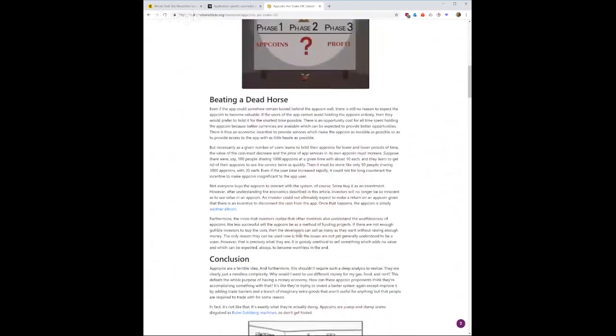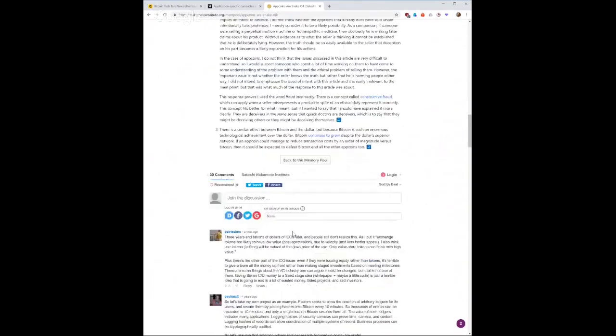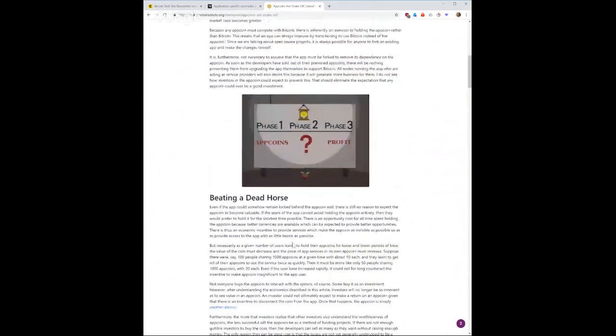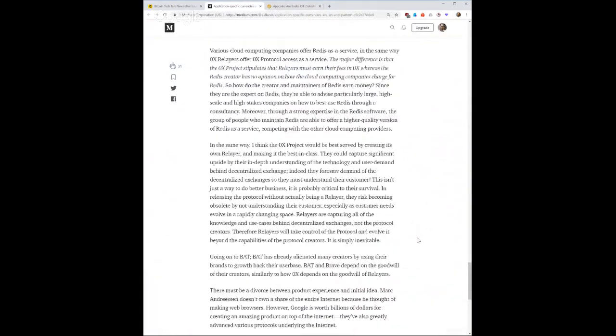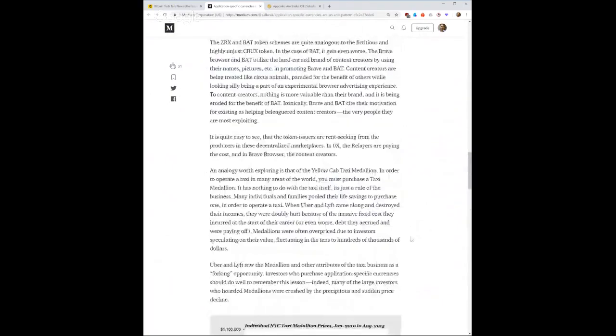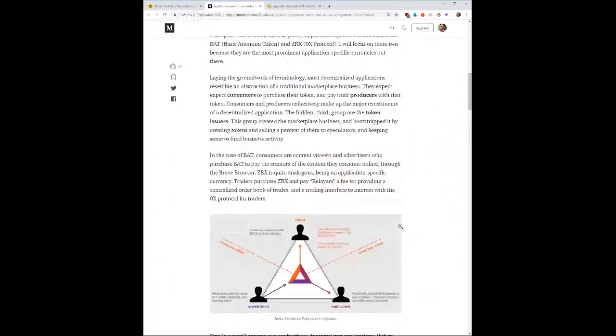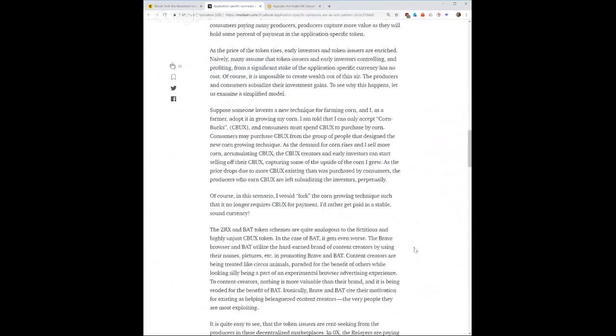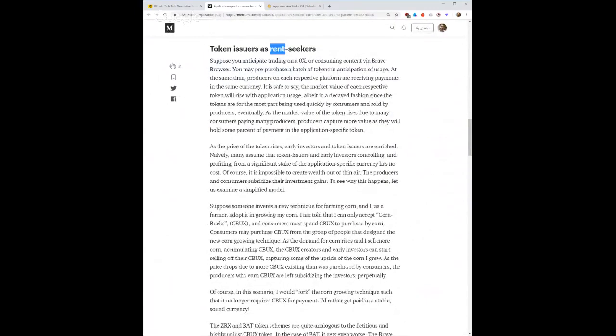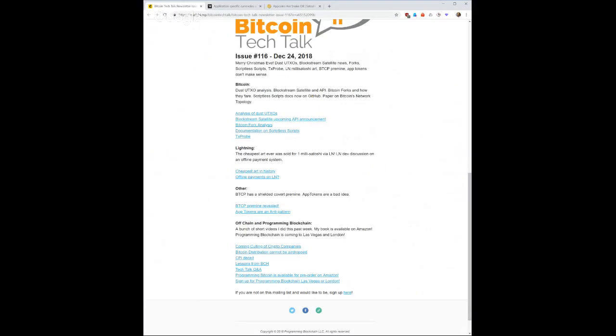But this is talking all about why app tokens don't make any sense, and Zain is basically saying the same thing but giving much more solid examples, Brave for one and 0x. Neither of them really should get paid, right? They're really rent seekers. They're taxing transactions for no reason, and you're paying them for no reason. Really interesting article. I encourage you guys to take a look at it.